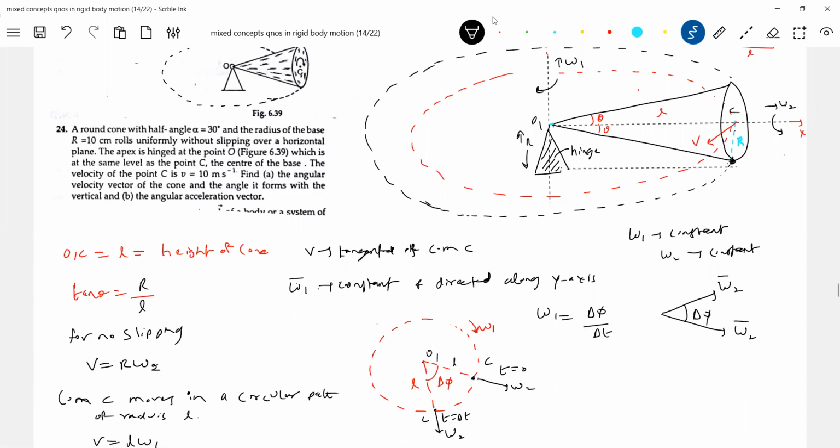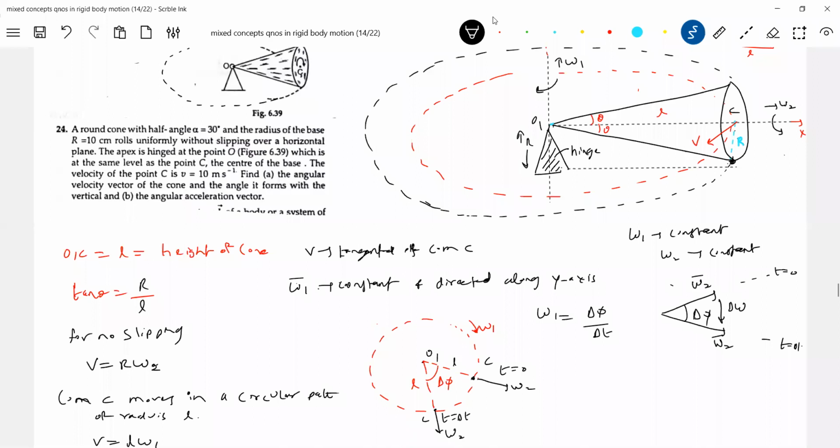So how to bring that change? This is the initial, at t equals 0. This is at t equals delta t. So how do you bring it? Final minus initial. So the delta omega, how should it be directed? Somewhere like this. Vector subtraction.